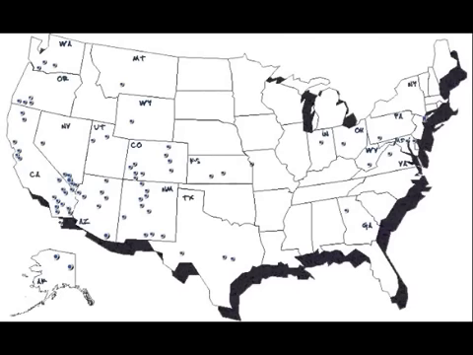Here we see a map of the United States of America depicting the exact locations of all, both confirmed and speculated, deep underground military bases, or DUMS for short, built on these national properties.